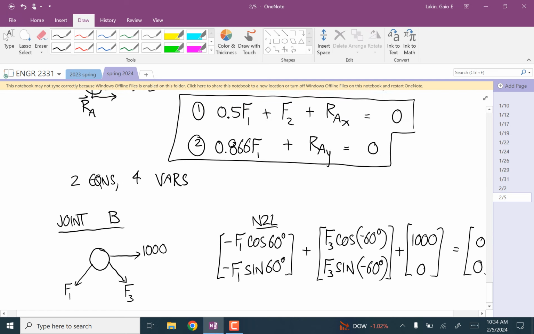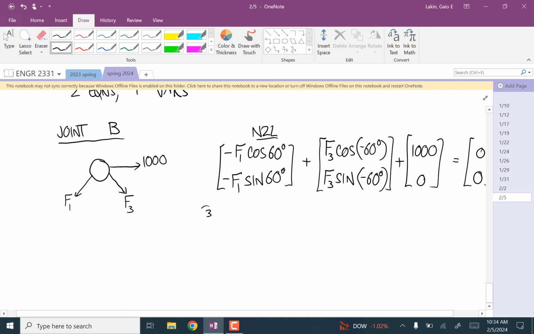And so we get two more equations. Equation 3 says negative 0.5 F1 plus positive 0.5 F3 is equal to negative 1,000.